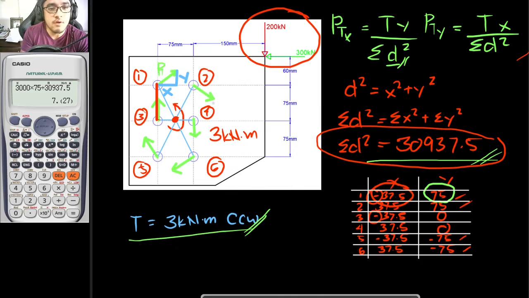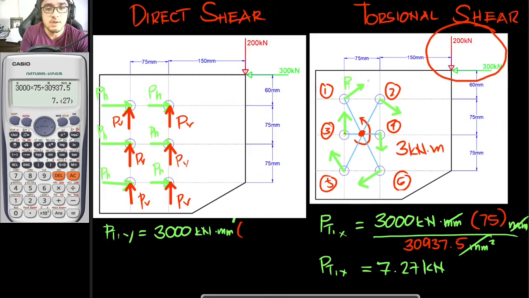It is better for us to use the absolute value as long as you know the direction of such force, because the sign convention in torsion is confusing. So use the absolute value as long as you know the direction of your force. This one goes to the right, meaning our value here would be upwards. That's all there is to it. Understood?